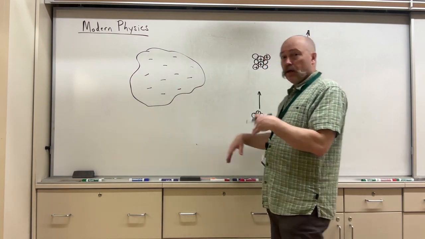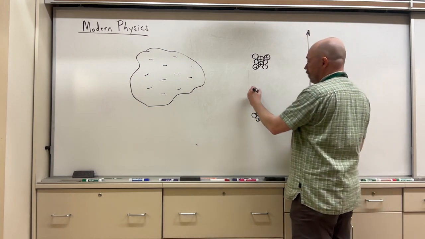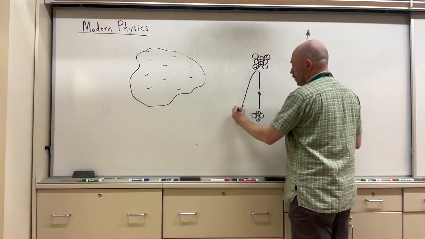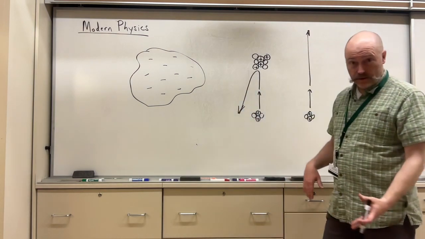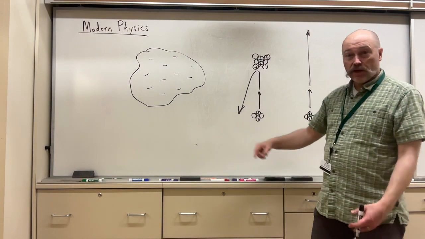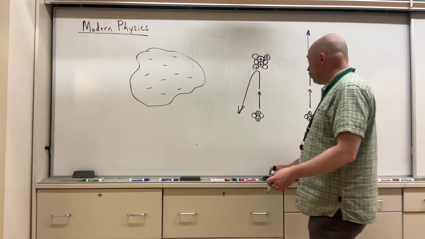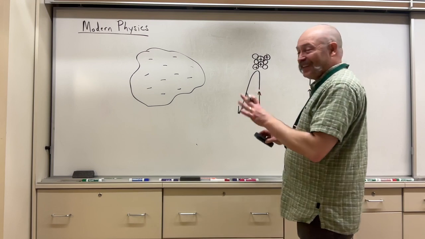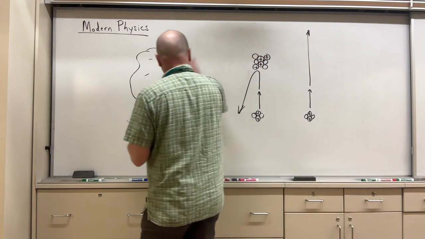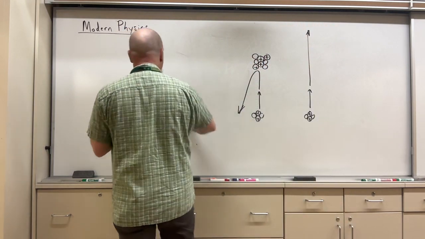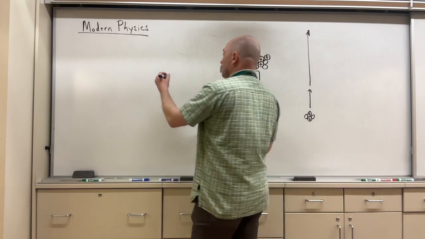My model is working. But then every so often you would get an alpha particle that would get deflected like crazy, okay, which makes sense. And then Rutherford came up and said, hey, you know what? My model is better than Thomson's model.